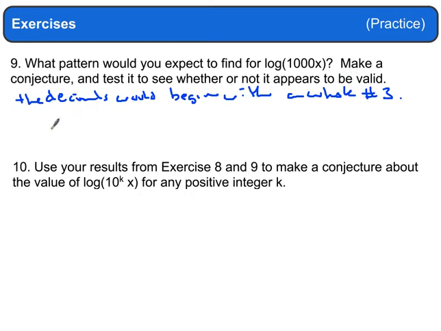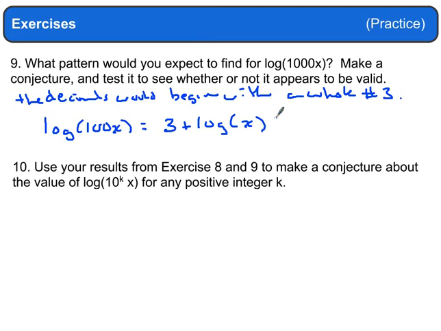Right, such that if we were to say this, the log of 1000x would equal 3 plus the log of x. So again, notice this pattern in this design. So it says in 10, use our results from 8 and 9 to make a conjecture about the value of log to whatever power.